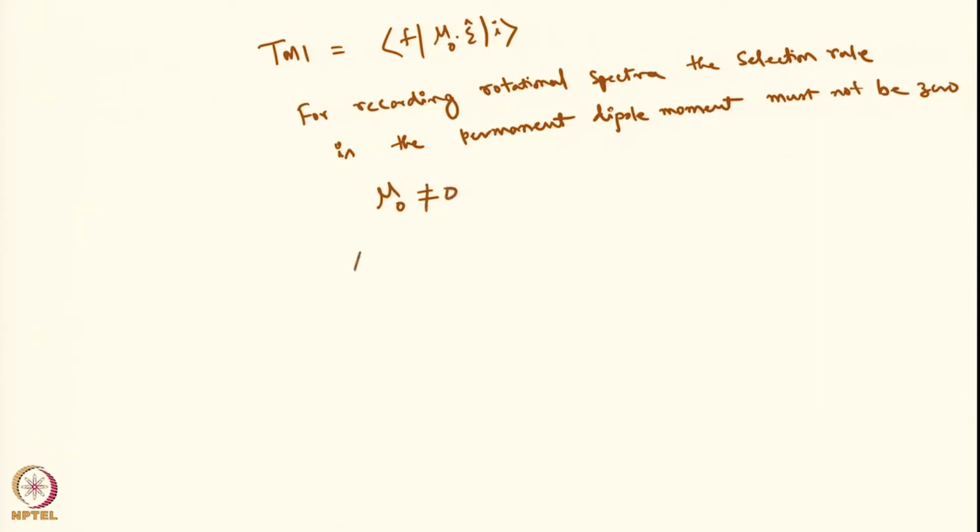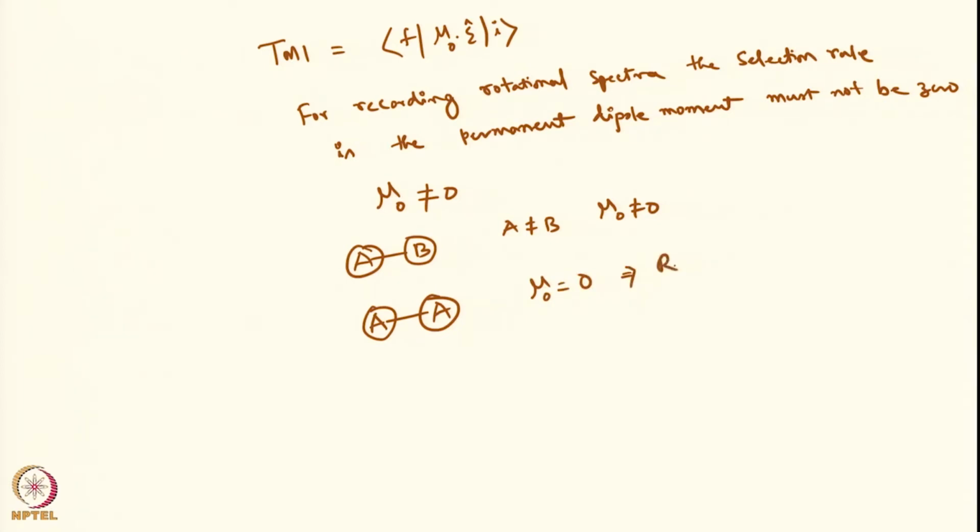Okay. So for example, if you have an AB diatomic molecule where A is not equal to B, then this molecule will have a permanent dipole moment, mu naught is not equal to 0. But if you have a homodiatomic like AA, then of course mu naught is equal to 0, which means recording of rotational spectra is not possible.